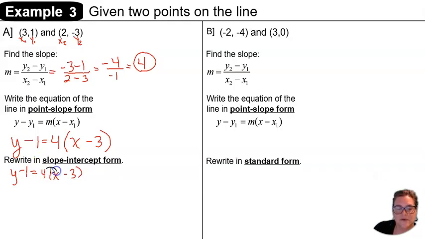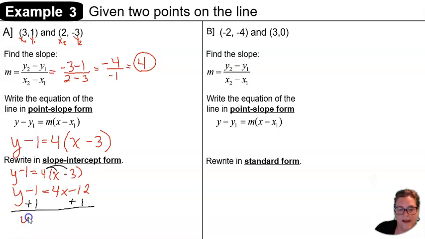I'm going to distribute over the parentheses to each term in the binomial. So now I have y minus 1 is equal to 4 times x, which is 4x, and then 4 times -3 is a -12. To get into slope-intercept form, I need that y by itself. So I'm going to add 1 to both sides.